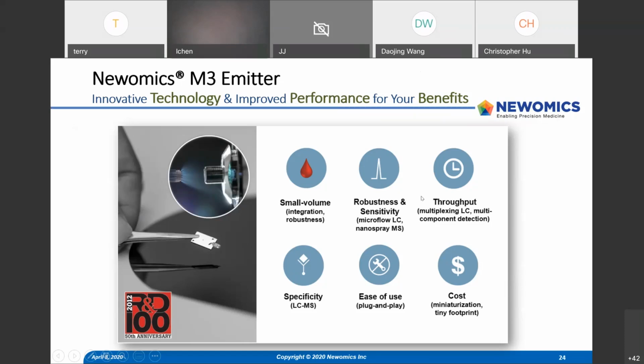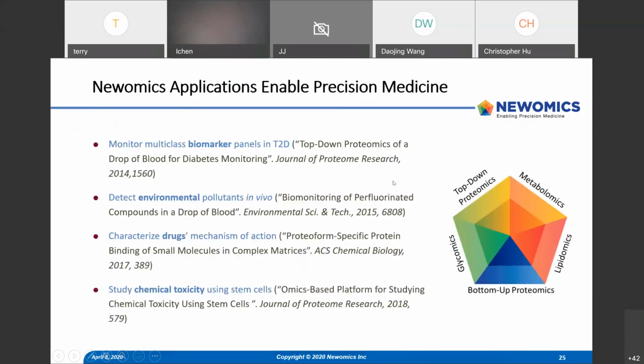We show robustness, throughput, sensitivity, as well as reduced cost. In parallel, we use the technology and develop a variety of applications to enable precision medicine. For example, we published diabetes monitoring using top-down proteomics. We monitor environmental toxins in a drop of blood.